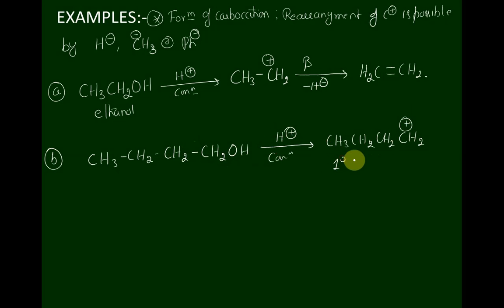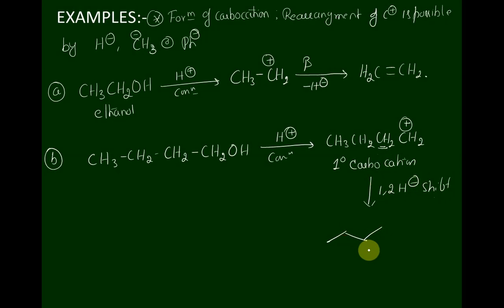I get a primary carbocation, but the primary carbocation is adjacently bonded to a secondary carbon atom. Therefore, in such cases a 1,2 hydride shift takes place to increase the stability of the carbocation.